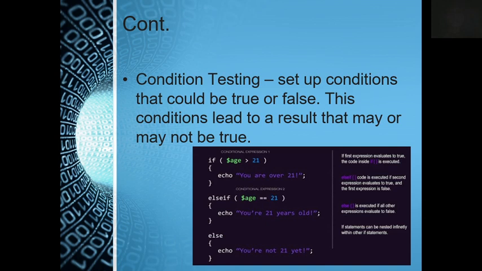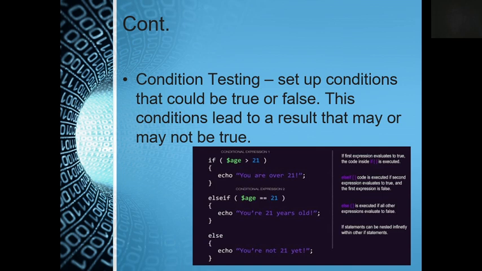So, kung tinype mo ay 21, magpo-fall ka sa second condition. So, wala na yung first condition na you are over 21 kasi nga, tinype mo ay 21. So, makaka-receive ka ng message na you're 21 years old.